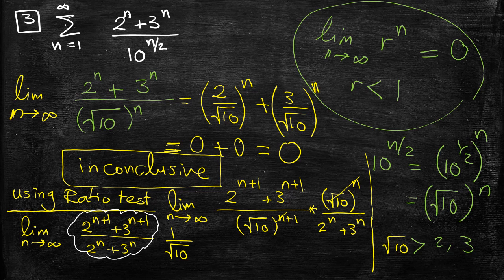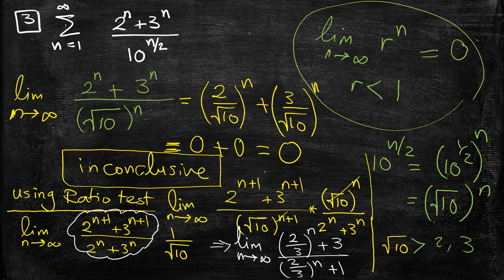So then here we'll end up with limit n approaching infinity. It will be 2 over 3, this power n, and dividing this by 3 power n, it will end up with 3, 2 over 3 power n. This is here plus 1, and also here there is 2 outside.